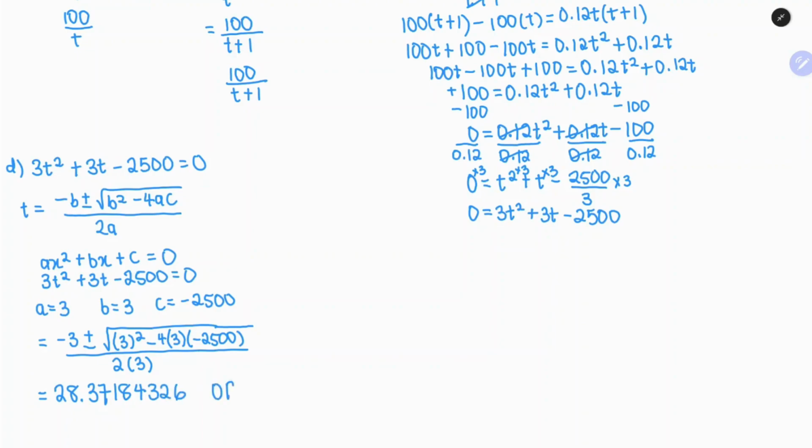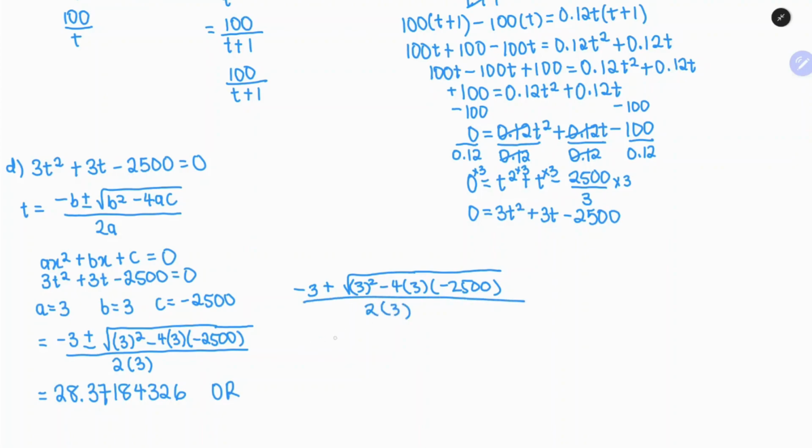28.31784,326. Another thing that I want us to note is what this plus or minus means. It basically means negative 3 plus the square root of 3 squared minus 4 times 3 times negative 2,500, over 2 times 3.